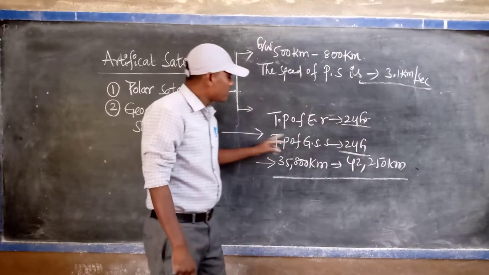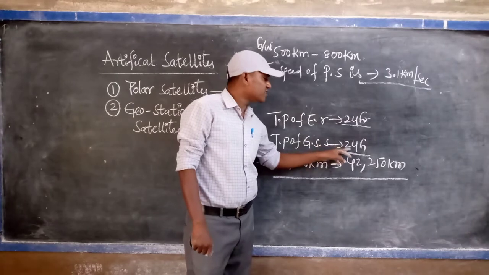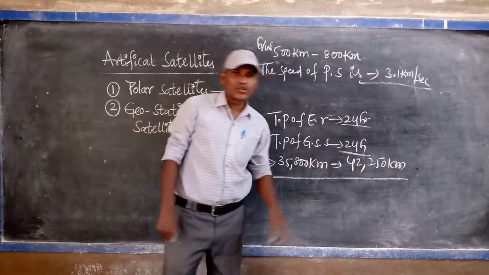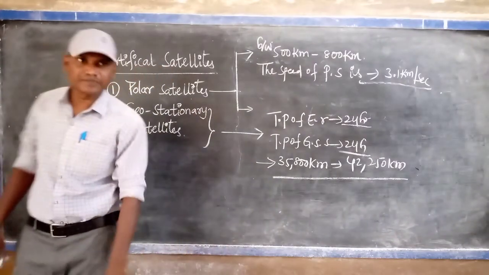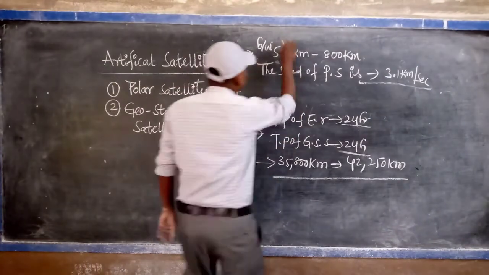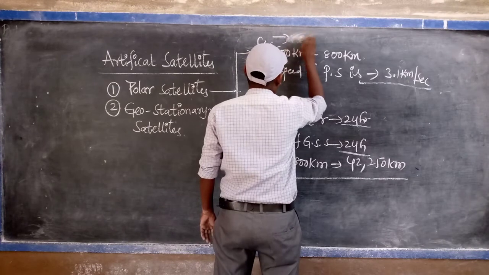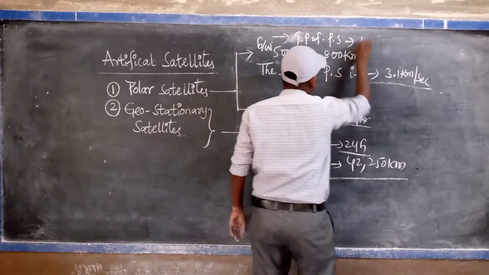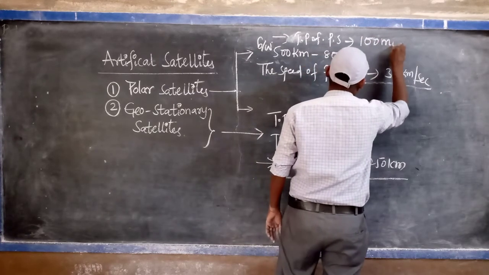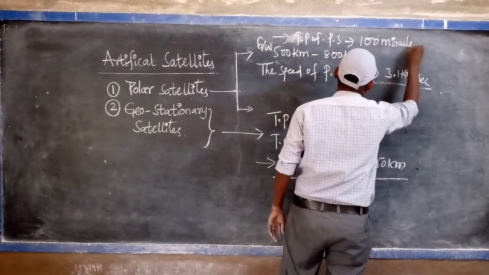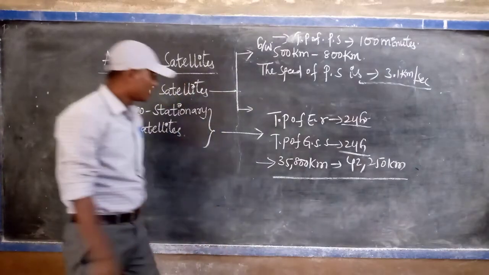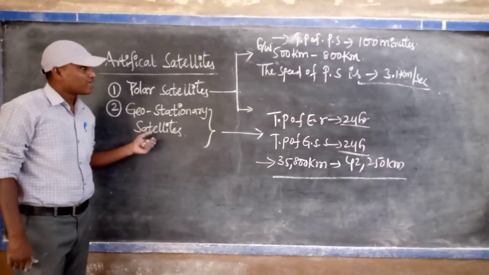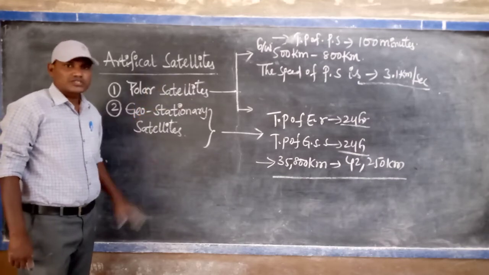That's why the time period of geostationary satellites is 24 hours, because this time period and the earth's rotation period are both the same. The time period of polar satellites is only 100 minutes.